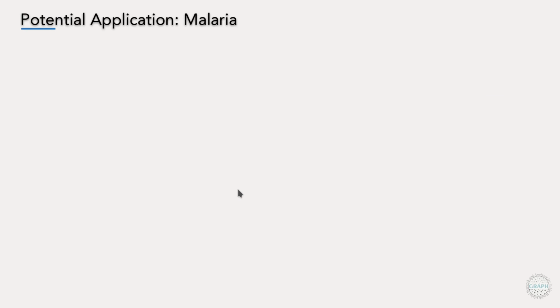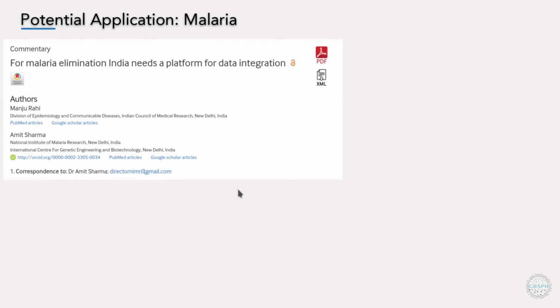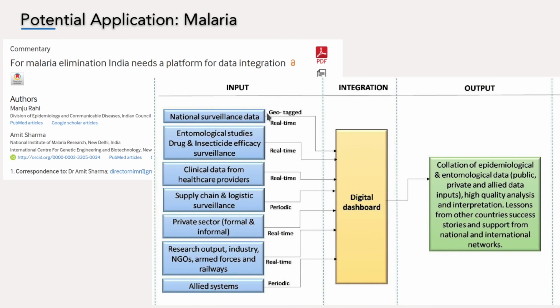One other potential application, malaria. According to these authors in a recent paper, data integration is a key tool that is needed, not available, that's needed for malaria elimination in India. So this figure from their own paper shows us that everything that they say they need, EpiGraphHub can provide out of the box.